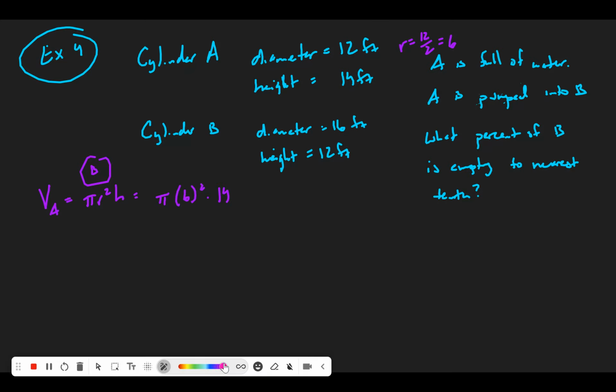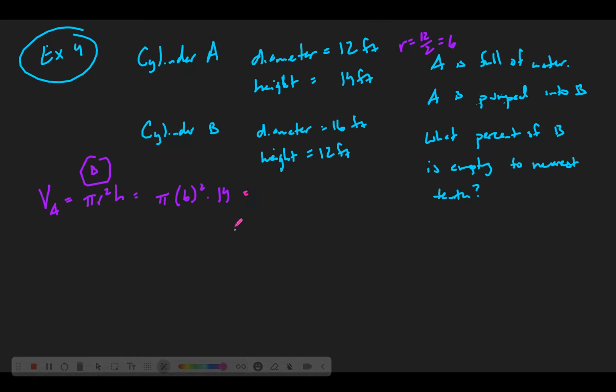When you type that into the calculator, I did not multiply out the pi this time. Remember last problem, I did multiply out the pi. So this time I'm showing you that if you don't multiply out the pi, you don't have to write as many decimals. So when you just type in 6 squared times 14, you get 504, and then just attach the pi onto it. Okay, so that is the volume of A.